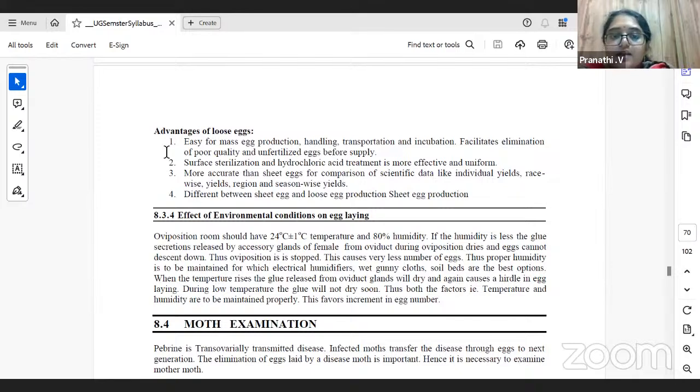Surface sterilization and acid treatment are more effective, so you get good yield, more accurate than the sheet eggs for comparison, like individual yields across regions and seasons, and it is different for different sheet eggs. And loose egg production, that is the sheet egg production.